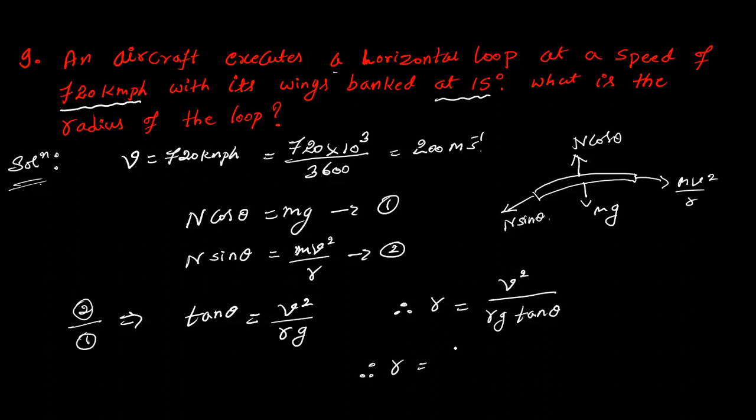Therefore, R is equal to 200 square, V square by g tan theta. The g is 9.8 into tan 15 degree. Substitute and calculate: 200 square divided by 9.8 into tan 15 degree.